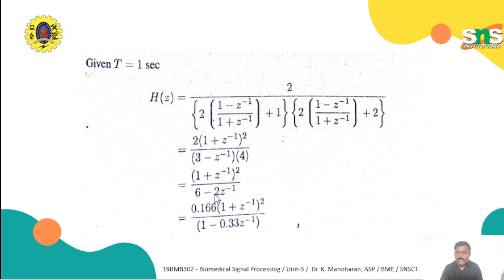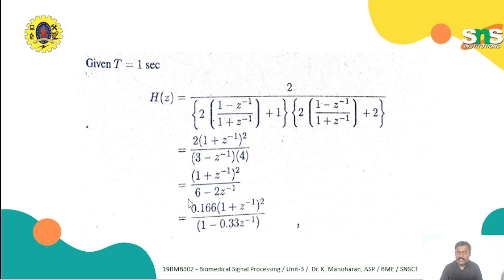So it becomes 2 by 6, that is equal to 0.33. I take 6 common for both terms, so I write 6 by 6 here and minus 2 by 6 here.